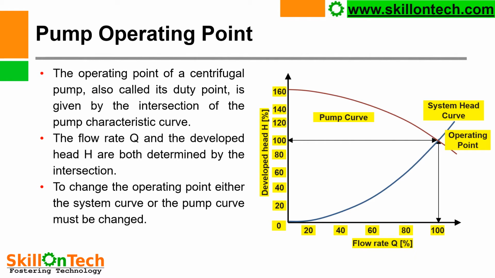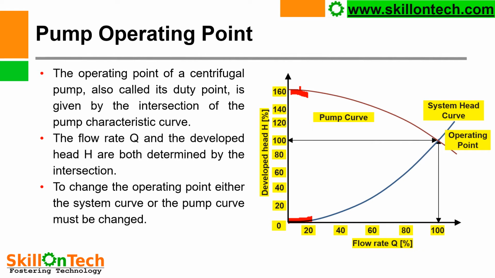Pump operating point. In this picture we can see an HQ curve; this is a pump curve and this is a system curve. The operating point of a centrifugal pump, also called its duty point, is given by the intersection of the pump characteristics curve with a system head curve.